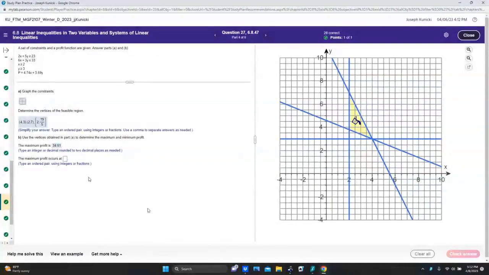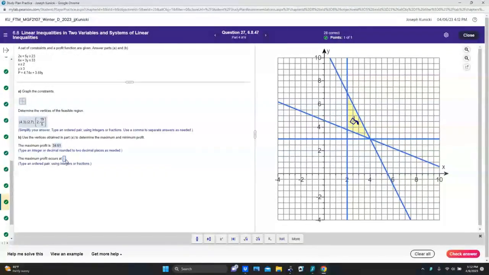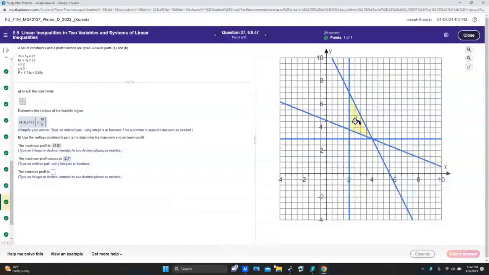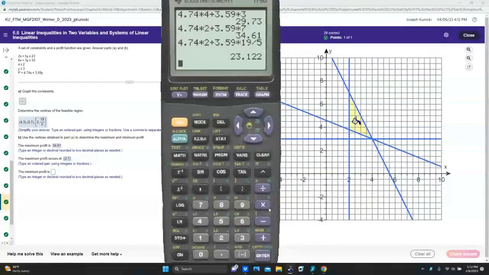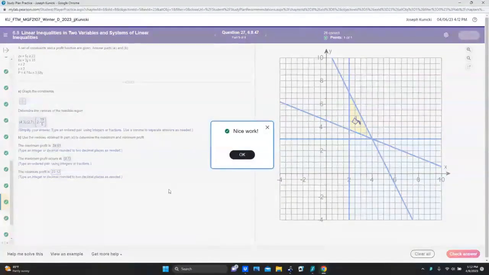And that occurred at the first point, didn't it? As I recall. No, second point. 2, 7. So 2, 7. All right, and then the minimum was at the third point, 23.12. If you round to 2 decimal places, 23.12. See, they say round it to 2 decimal places.